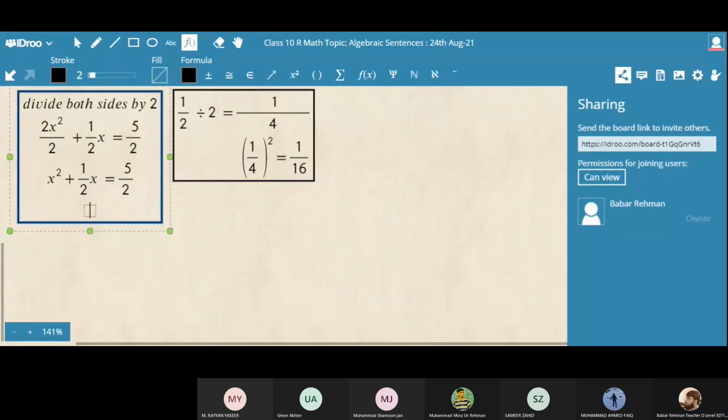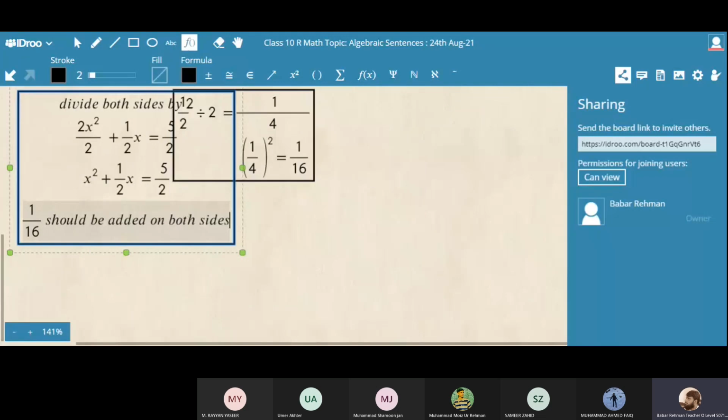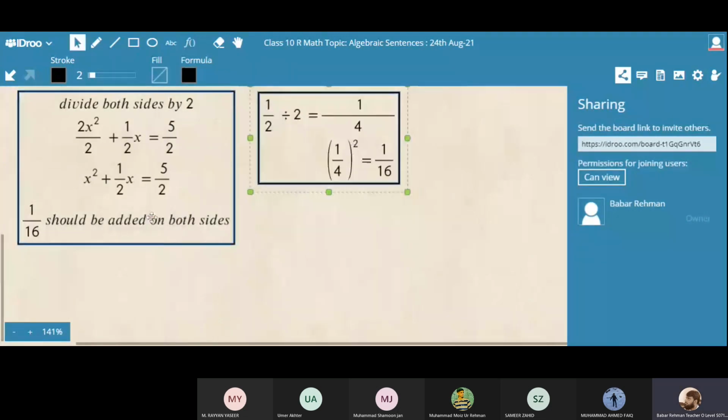Next step, add. Now 1 upon 16 should be added on both sides. So now I will be adding 1 upon 16 on both sides.